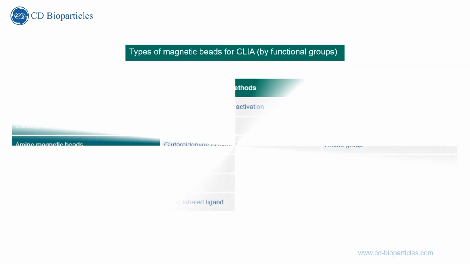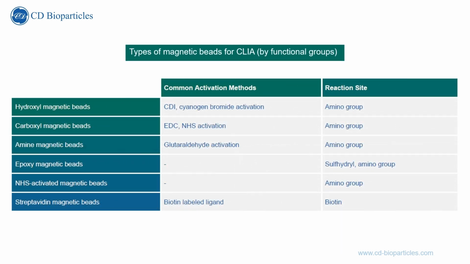Let's talk about the different types of magnetic beads we can use for your CLIA. These beads come with various functional groups that act like little hooks, helping us capture specific molecules. For example, if you have a molecule with an amino group, we can use beads with either hydroxyl, carboxyl, or N-hydroxylsuccinimide activated groups. These groups act as binding partners for the amino group.